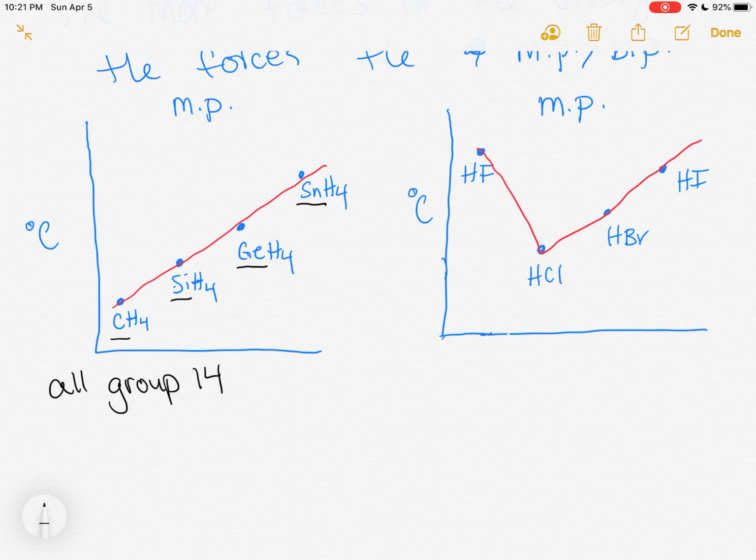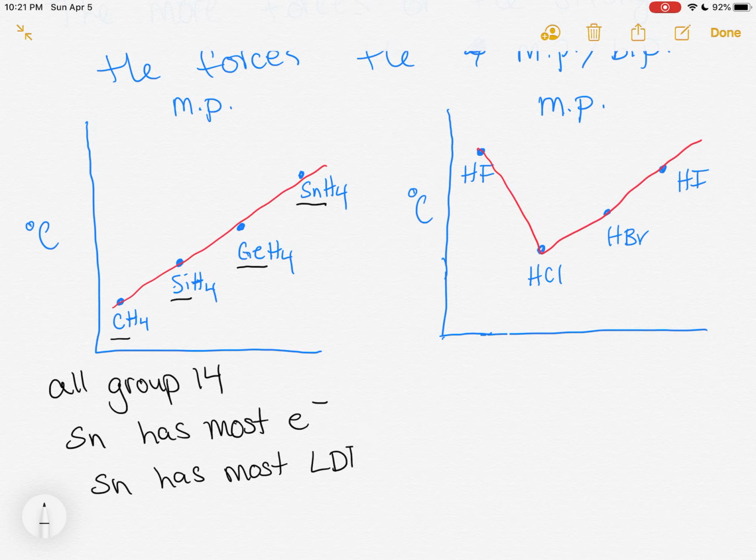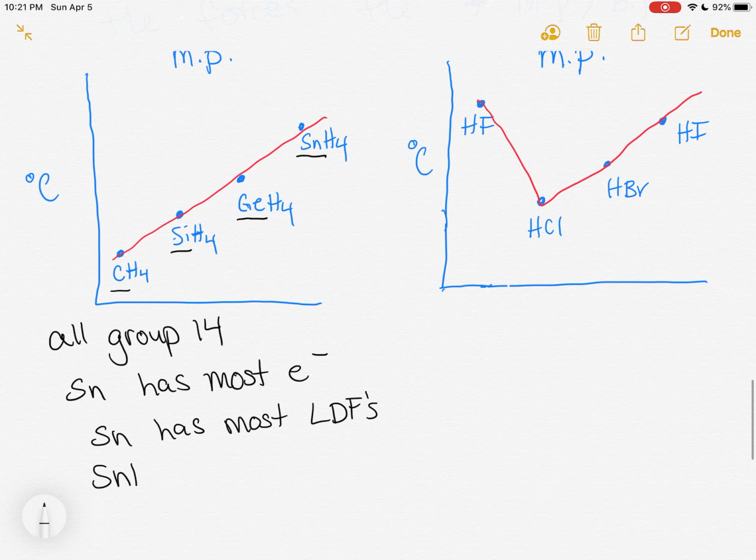Silicon has fewer electrons than germanium. Germanium has fewer electrons than tin. So tin has the most electrons, which means tin has the most LDFs, which is why our tin tetrahydride has the highest melting point.